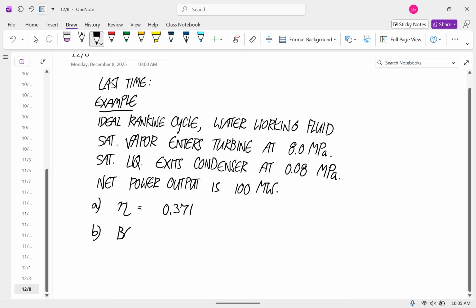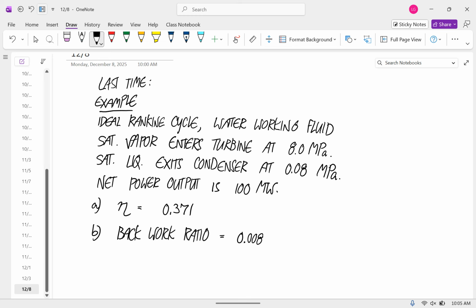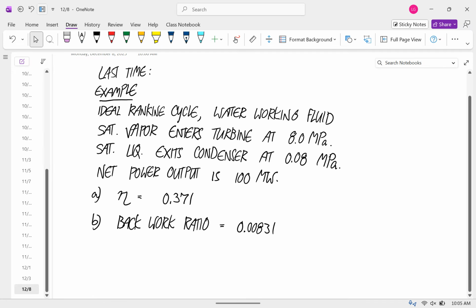Second, we got a back work ratio of 0.00831, so about 0.8% of the energy that we produce from the turbine needs to be used to run that pump.